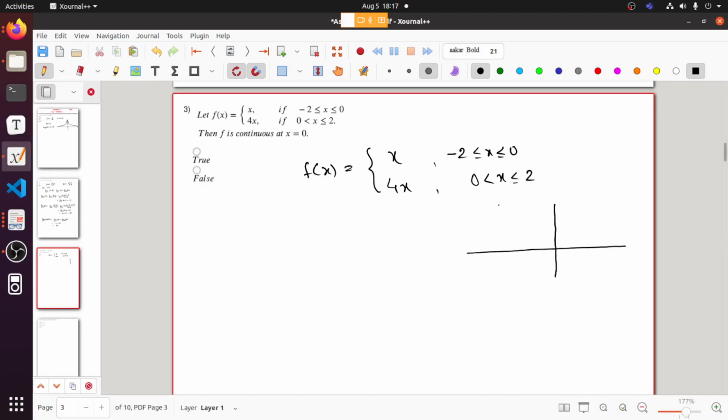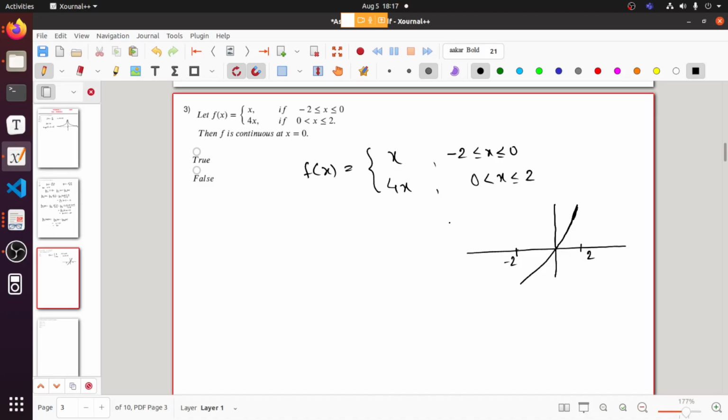So it is x, right? At x equals minus 2 it will give the value minus 2, and when it is 4x it will be a little bit steeper, at 2 it will be 8. So you can visually see that it is continuous, right? If it comes from the left hand side, it gives 0, and from the right hand side it also gives 0.